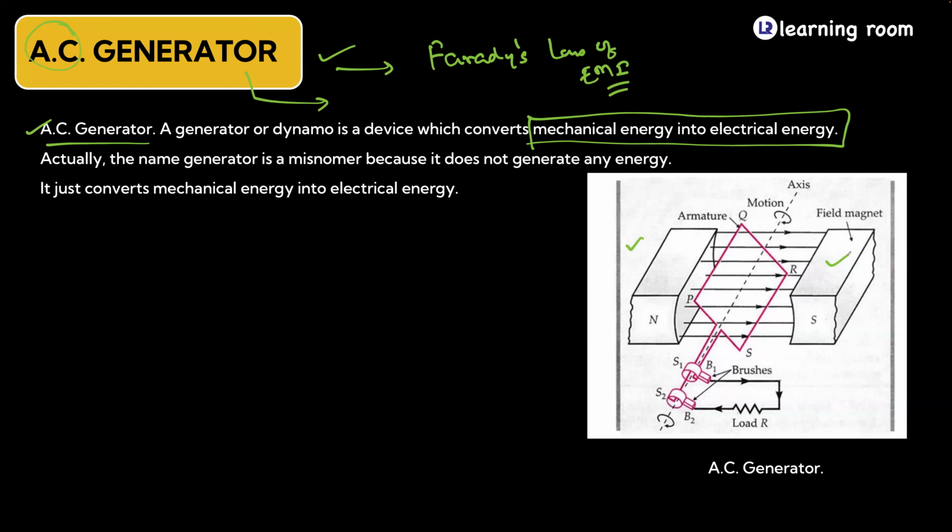B is there, area is there. Cos of what is the angle between B and the areal vector? It is 90. So when the coil and the magnetic field are parallel to each other, the areal vector is perpendicular to the coil. So magnetic field and areal vector are perpendicular. Hence, in this case, the flux associated is 0.